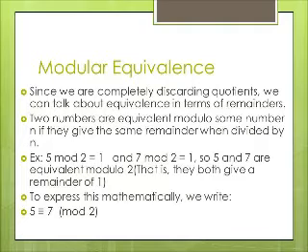So for example, since 5 mod 2 is 1 and 7 mod 2 is 1, that is, when both of those numbers are divided by 2, they give a remainder of 1, we would say that 5 and 7 are equivalent modulo 2. And then in the formula at the bottom of your screen, the triple bar equal sign stands for logically equivalent. So 5 is logically equivalent to 7 mod 2.